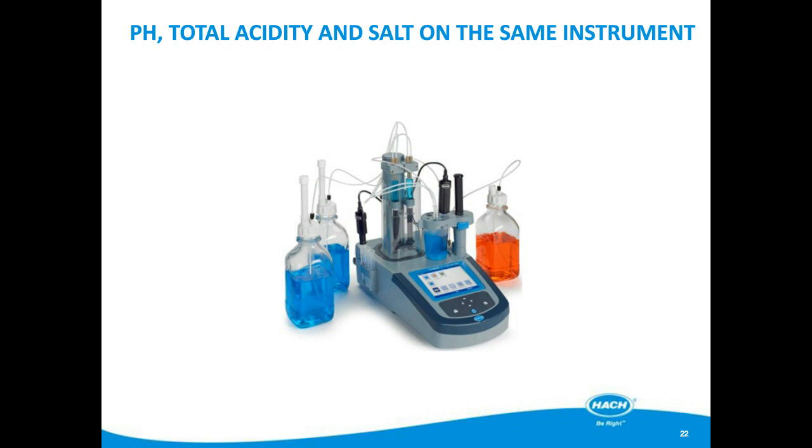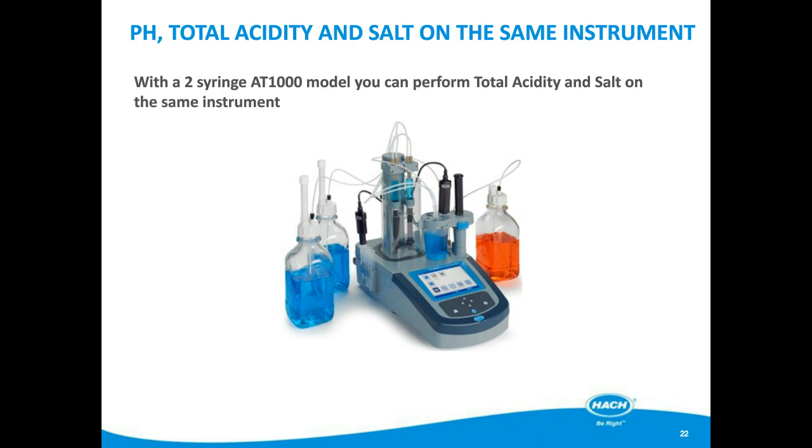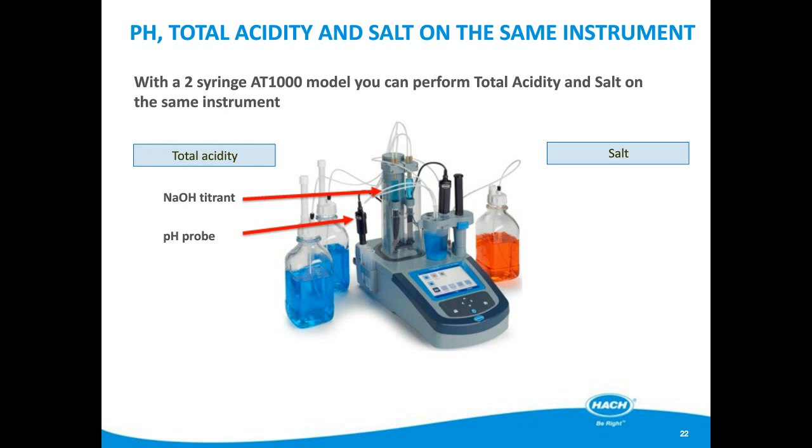It means that, for instance, on the left part, you can see that we can install for total acidity NaOH titrant in the first syringe, and we will use the pH probe for total acidity. And we can install for salt silver nitrate in the second syringe.